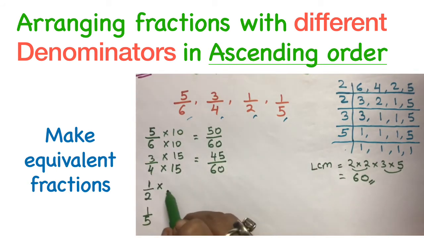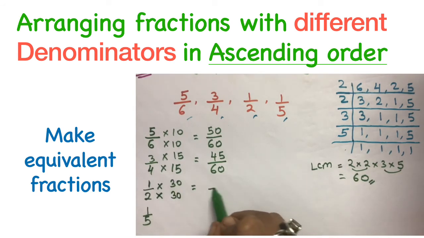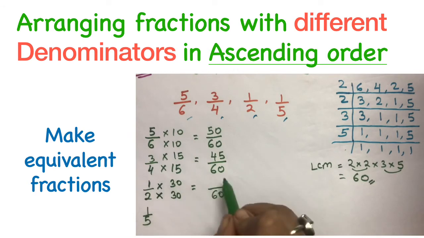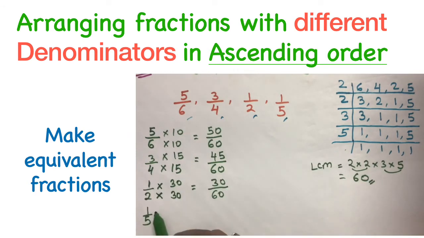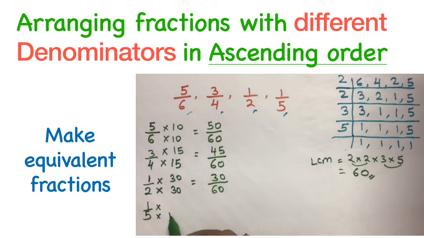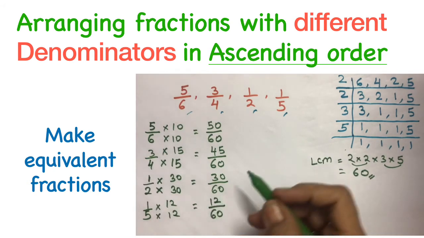Here to make it 60, I have to multiply by 30. So this gives 60, 3 1s are 30. And to make this 60, we'll multiply by 12. So this is 60 and this is 12 ones are 12.